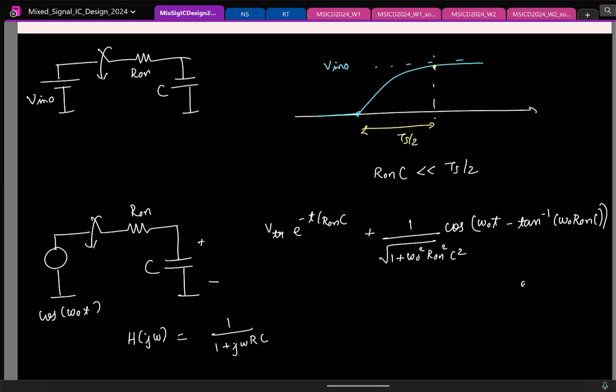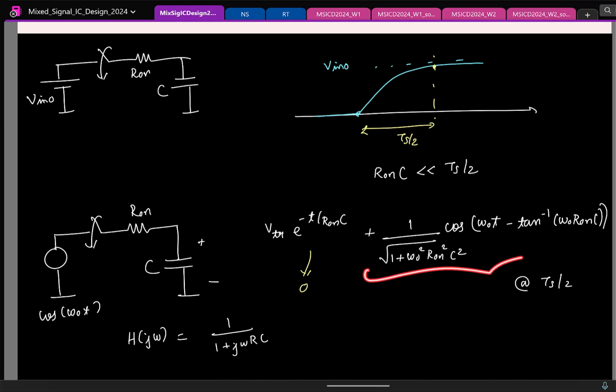And as usual, you are interested in the value at Ts by 2, for a duration of Ts by 2. So here, first of all, if you make RC much smaller than Ts by 2, this first term nicely goes to 0, no issues. Whereas the second term, as you see, you have some error. So if you want to reduce this error, what do you choose?